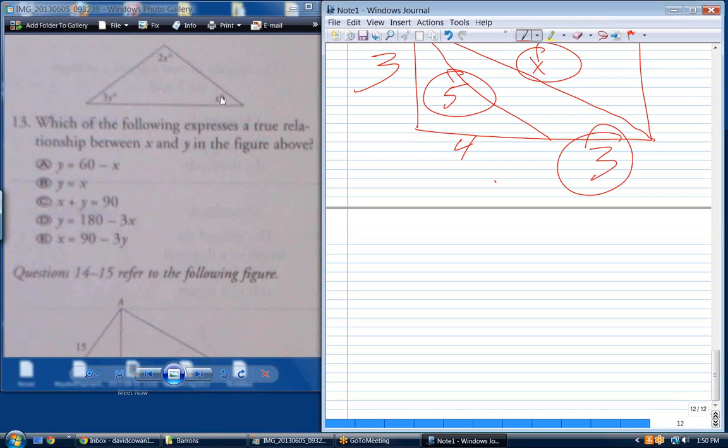Okay, so we have x, 2x, and 3y. Which of the following expresses a true relationship between x and y in the figure above? Notice that all of our answers are equations involving both variables.